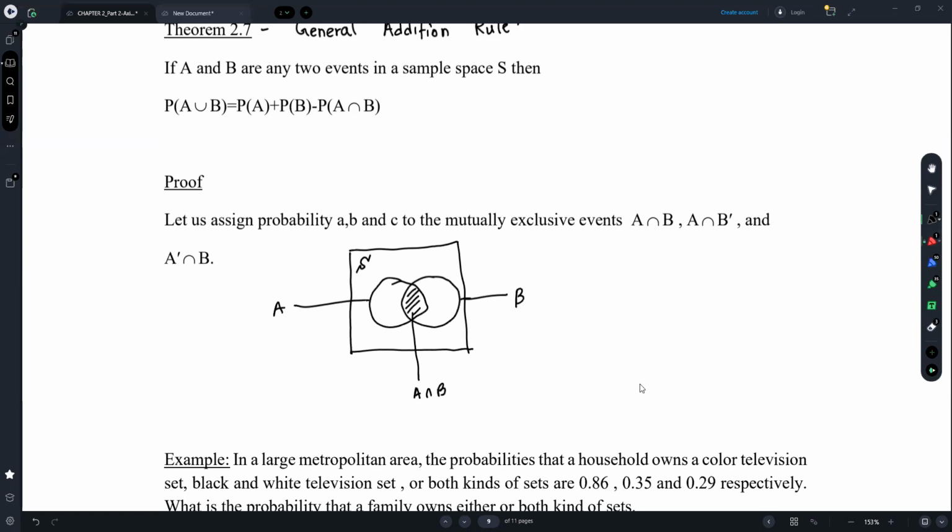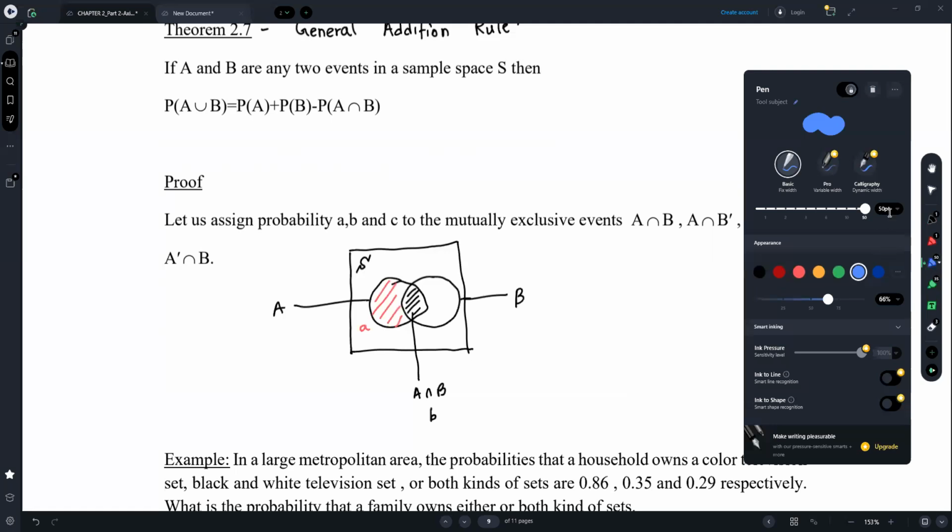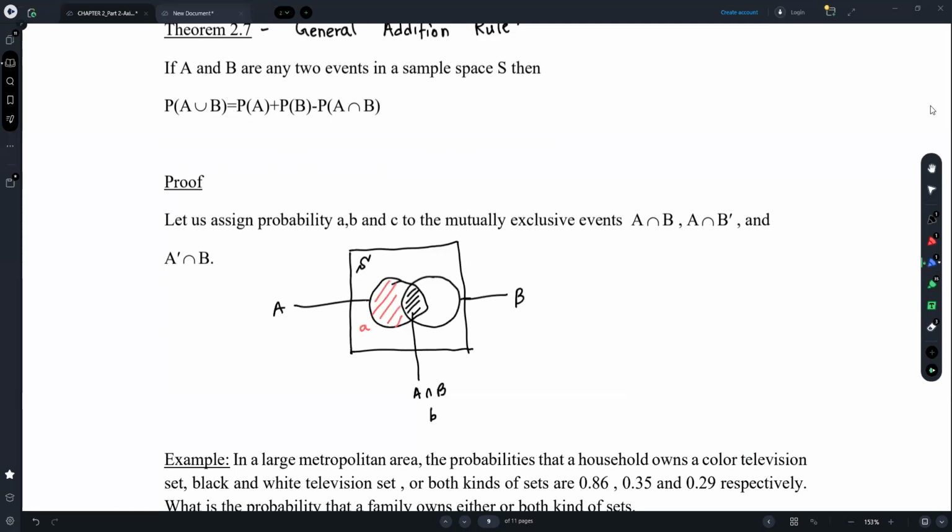So if I write down these areas, this is A, let's say small a, and this part is B. And let's say this part is C.